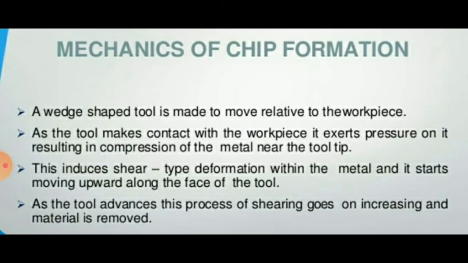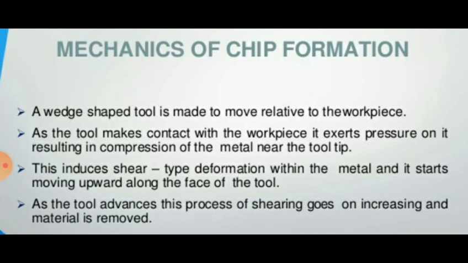A wedge shaped tool is made to move relative to the workpiece. As the tool makes contact with the workpiece, it exerts pressure on it, resulting in compression of the metal near the tool tip. This induces shear type deformation within the metal, and it starts moving upward along the face of the tool.